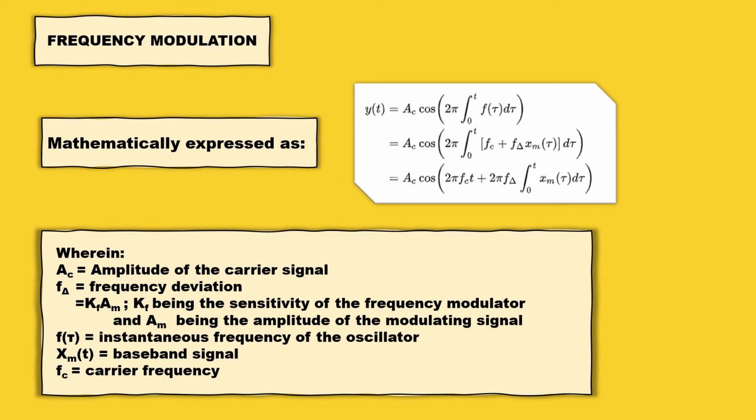So f of tau is known as the instantaneous frequency of the oscillator. x sub m of t is the baseband signal or the modulating signal, and f sub c is the carrier frequency.